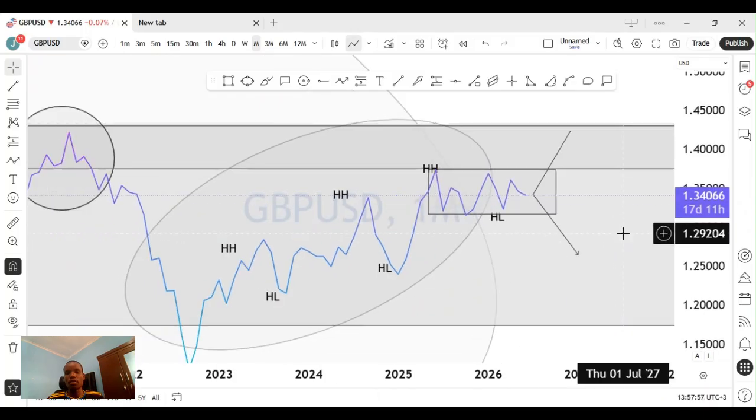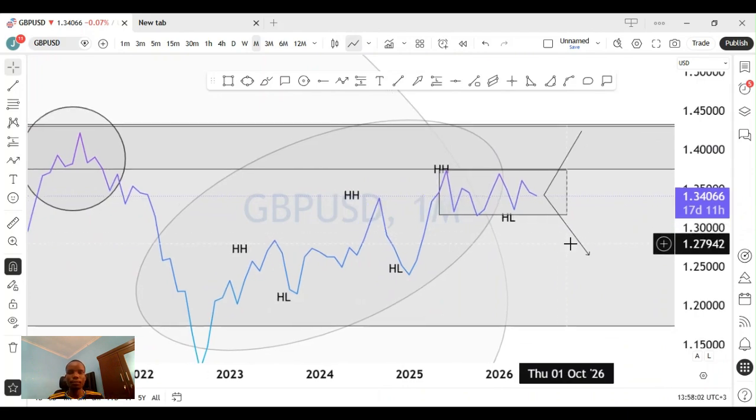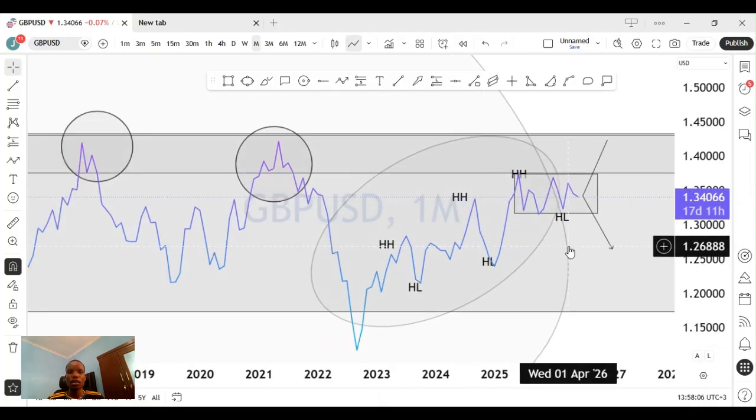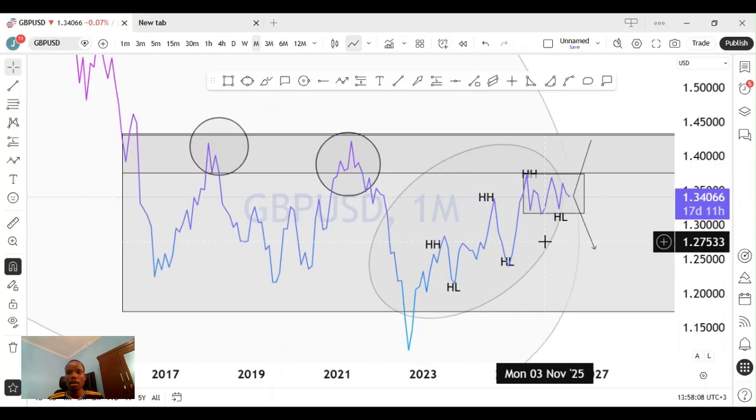So those are the two main positions where the market will break that consolidation area. But the one thing you have to know is whether there is any position that the market has to complete so we can short.